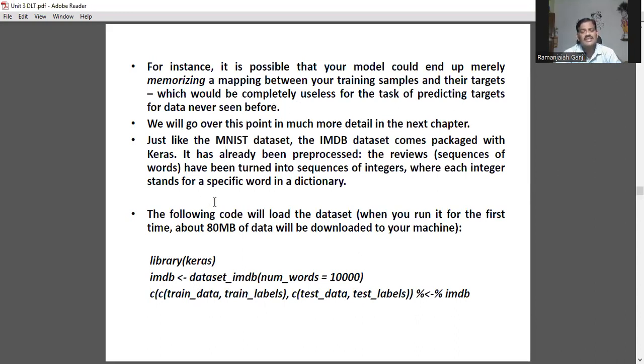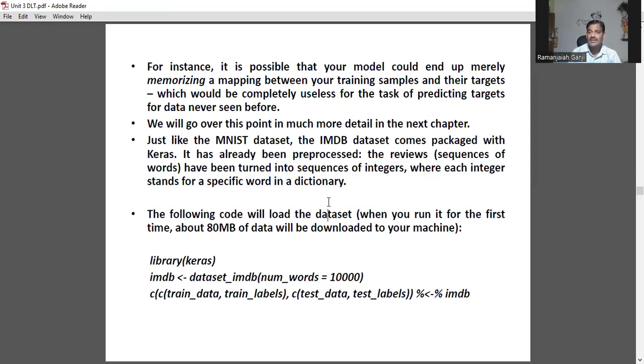Just like the MNIST data set, the Internet Movie Database set comes packaged with Keras. I told you in the previous sessions, these are high-level libraries. It has already been pre-processed. The reviews have been turned into sequences of integers, where each integer stands for a specific word in a dictionary.